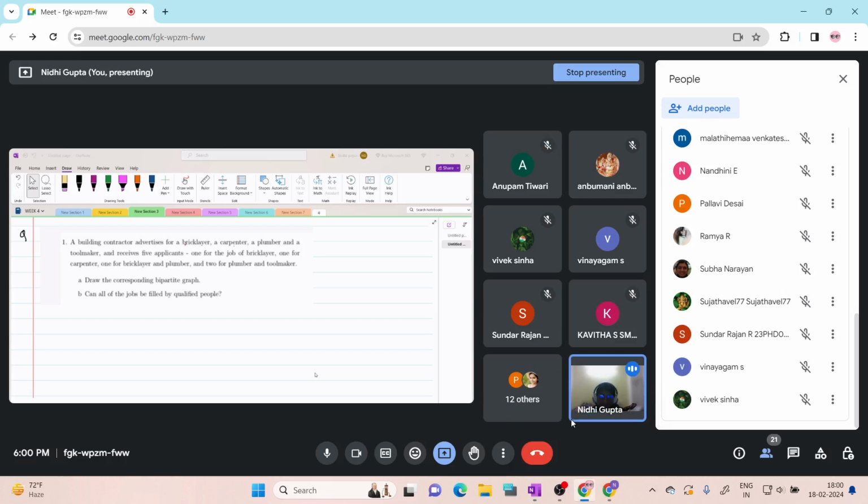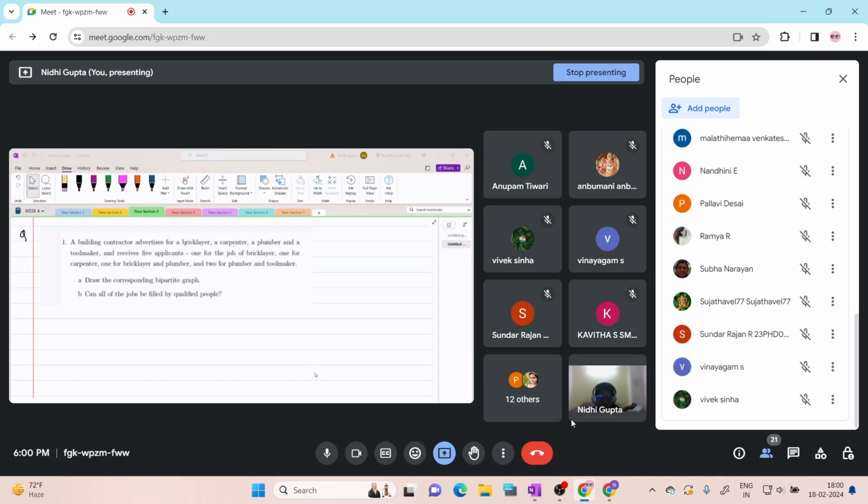So now for the B part, can all of the jobs be filled by qualified people? What should be our bipartition? What should be set A? What should be set B? Jobs and applicants. Applicants 1, 2, 3, 4, 5 on one side and jobs on the other side.